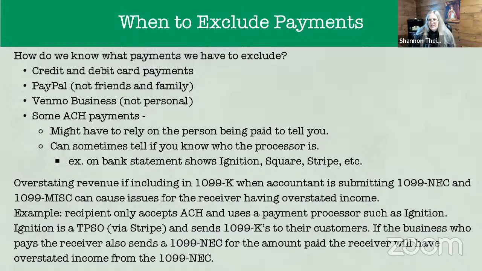Find something that you can use as a defense in the event that you got it wrong, and say, this is why I did it this way.